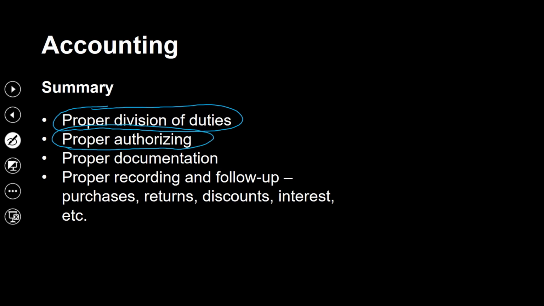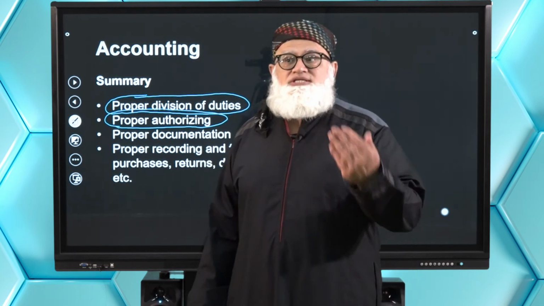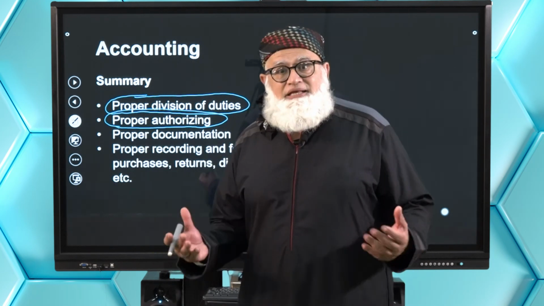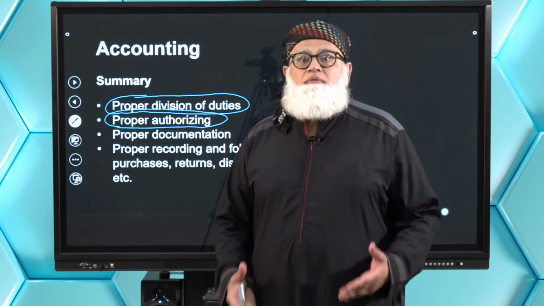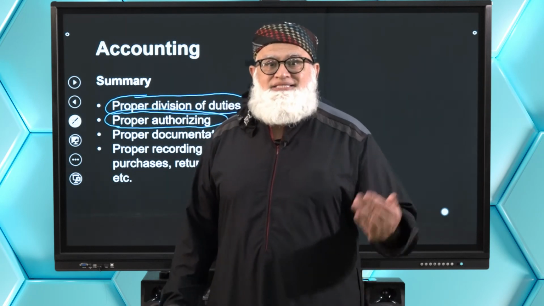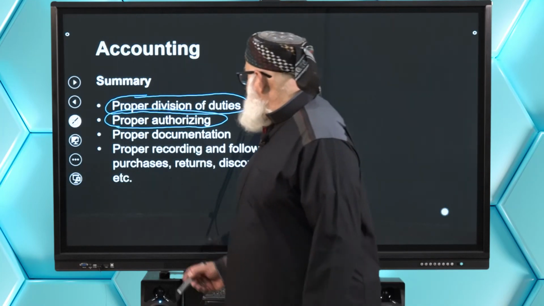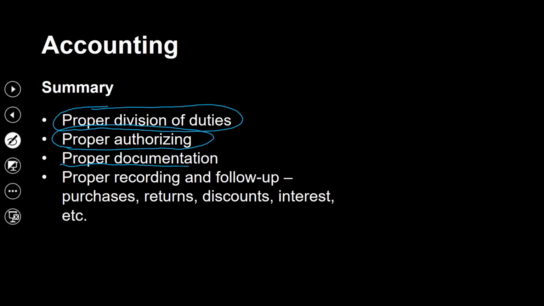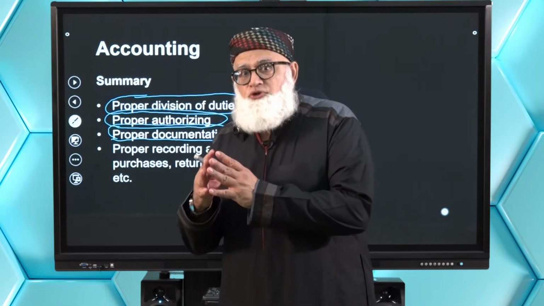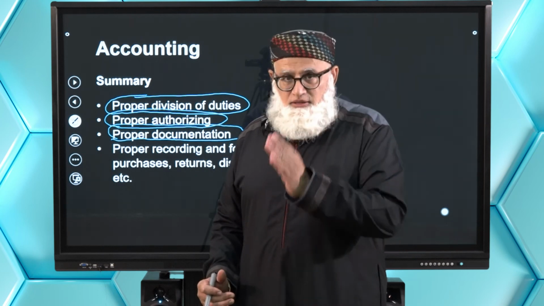There must be proper authorizing. It means not just anybody can buy goods from you. You got to check your debtors when you are selling goods to them. What's their outstanding balance? How much are they owing? Sometimes you have to set limits for your debtors to ensure that they do not exceed their credit limits, right? And also, we have to check that there is always proper documentation with regards to all our transactions. In other words, when you did your checks and balances, the profile of your debtor, was it completed?